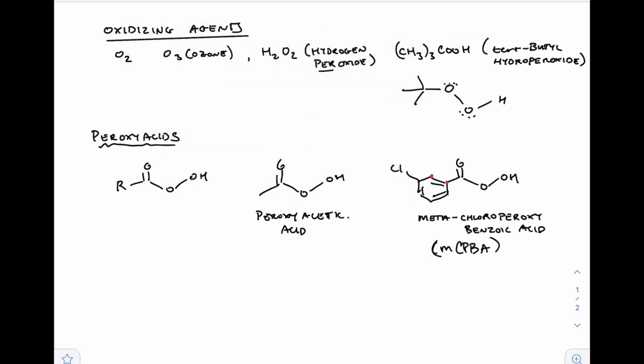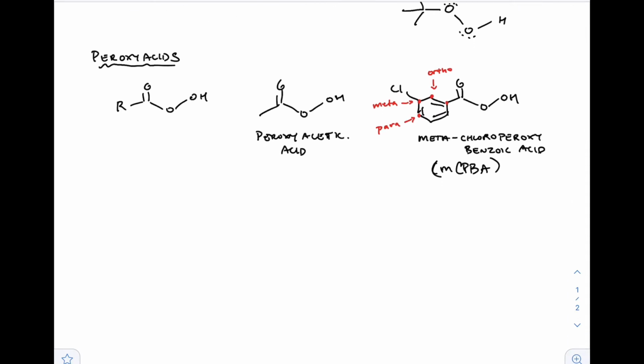And the meta, I mentioned it before, is because the substituents are basically out at a 1-3 position. So the 2 position would be ortho, 3 would be meta, and then 4 would be para. And that's pretty much how we classify substituents on a benzene ring. So this chloro is in the 3 position, aka meta.